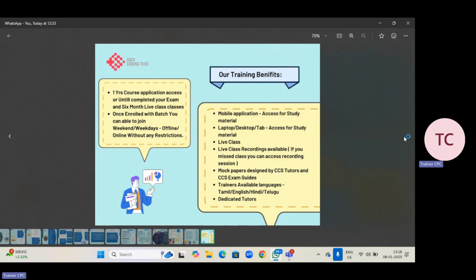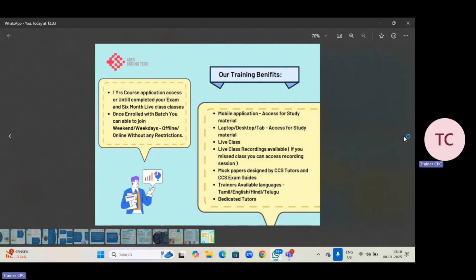In case of CCS exam, you will get many frequently asked, that is repeated questions. Those frequently asked questions, repeated questions and all, you'll get practice here itself. So we'll be giving a lot of practice for these frequently asked questions. So you'll be very well versed in these repeated topics, repeated questions and all.